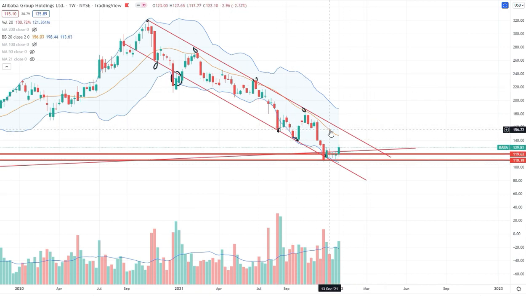Here in orange we have the 21 moving average, and we have the standard deviations. What we're seeing now is that the price is being rejected from the lower part of the Bollinger Band, this blue line. The price reacted from here and is now headed to the 21 moving average.